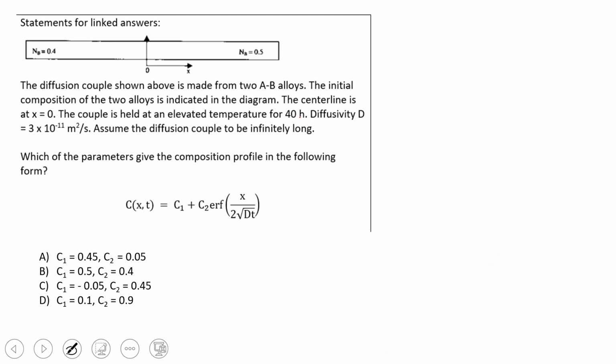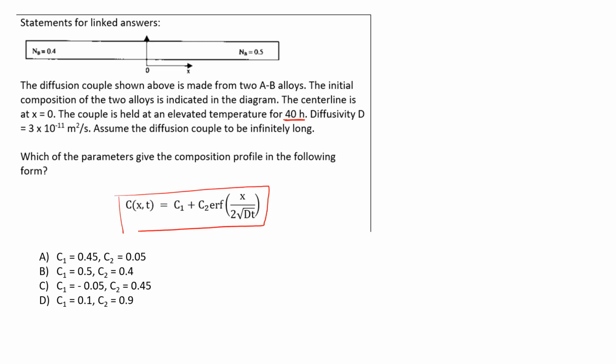Okay, 40 hours. Diffusivity D is equal to 3 into 10 power minus 11 meter square per second. Assume the diffusion couple to be infinitely long. Which of the parameters give the composition profile in the following form, right?